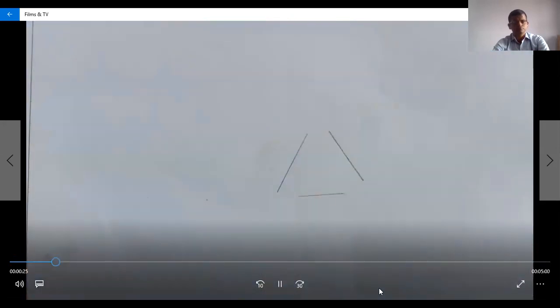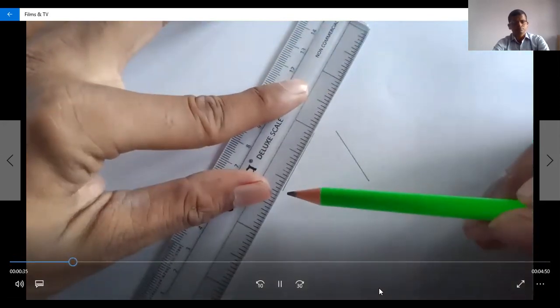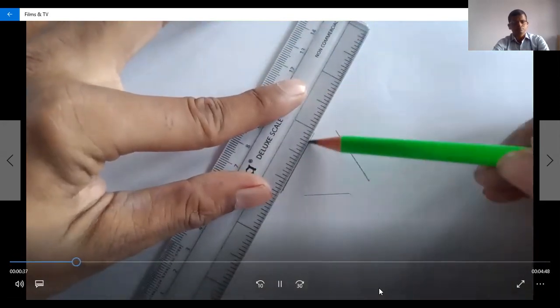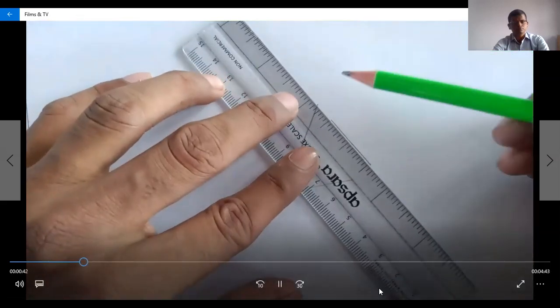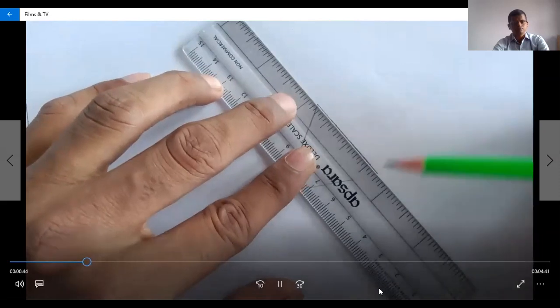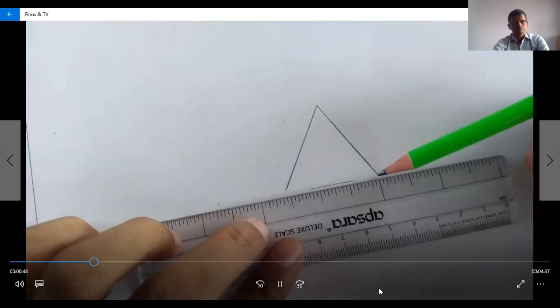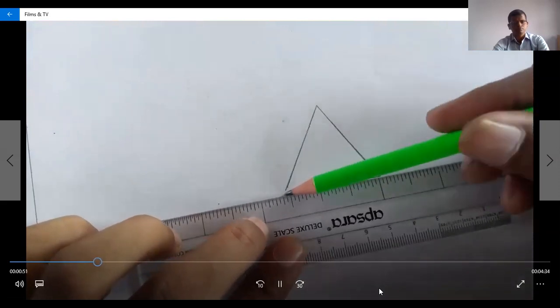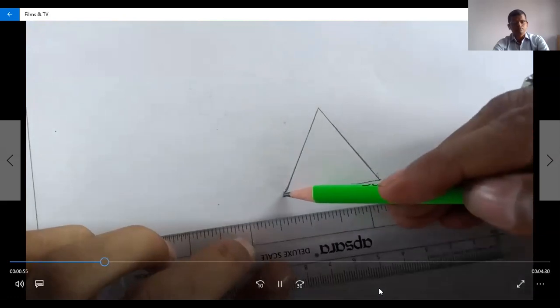Then with the help of a scale we connect the three points. So here we draw a triangle.